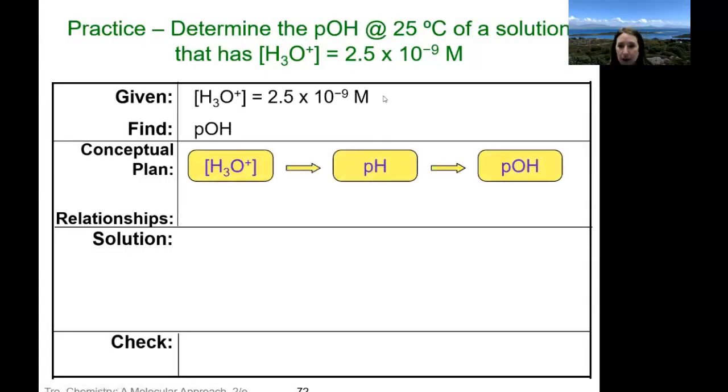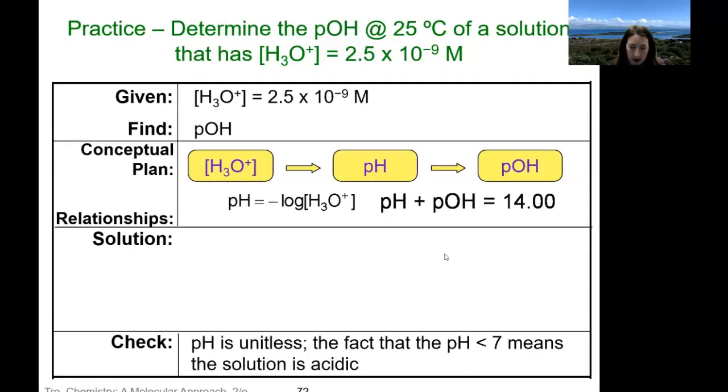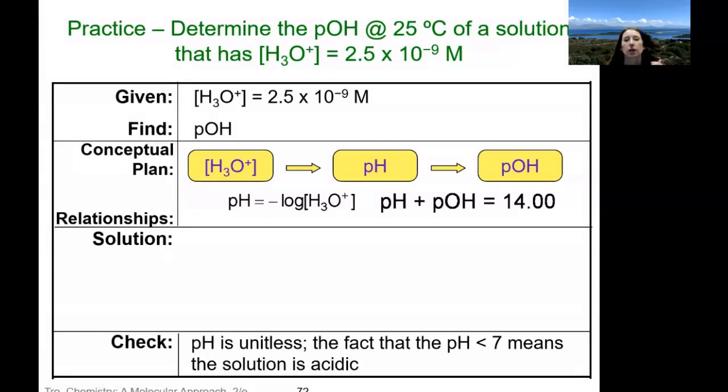And again, you could use KW with this, but POH is just a little bit faster. And these problems, I'm assuming that we're all pretty good with these. So let's try this one really quick. So if we have, determine the POH, the H3O plus, so we could take negative log of 2.5 times 10 to the negative 9th.